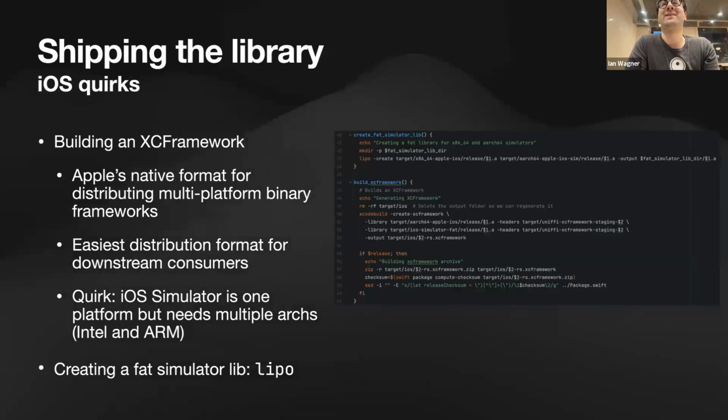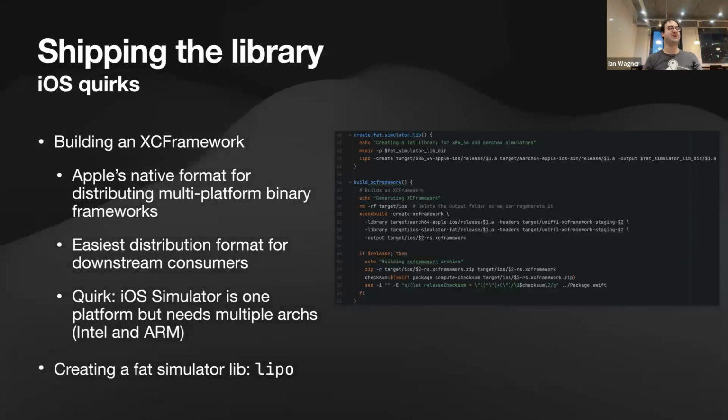The quirk with this was that the iOS simulator is one platform, but it needs multiple architectures associated with it, both Intel and ARM. So all iOS devices are ARM, but the simulators can be either ARM or x86.